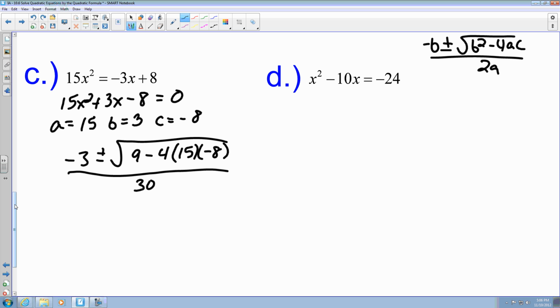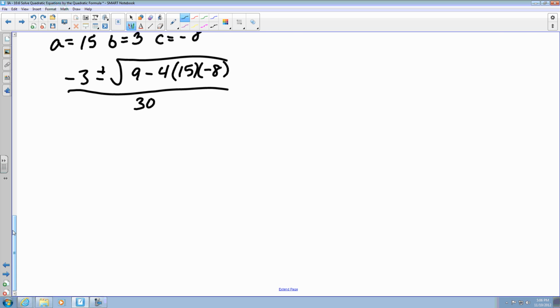So let's bring that down. So I have negative 3 plus or minus square root of 9 minus, we have negative 8 times 15 gives me a negative 120, times that by 4 gives me a negative 480, which then divides out by 30.